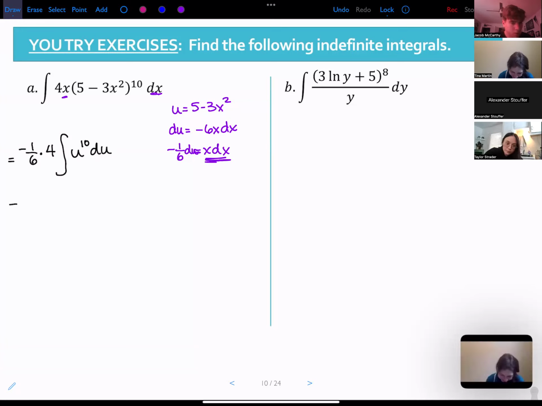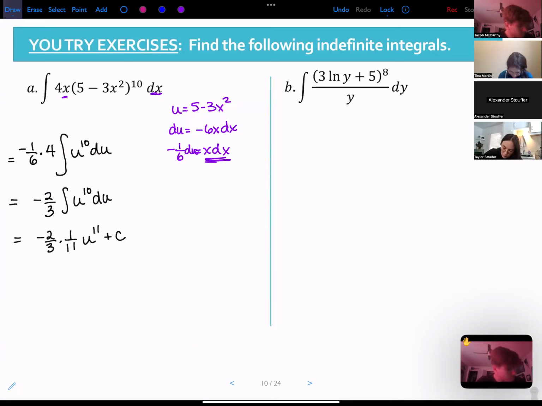Next, I multiplied the 4 and the negative 1/6 on the outside, so it's negative 2/3, and the integral of u to the 10th is 1 over 11 times u to the 11th. Then I multiplied the negative 2/3 and the 1/11, and that's negative 2 over 33. I plugged the u back in, so it's 5 minus 3x squared to the 11th plus c.